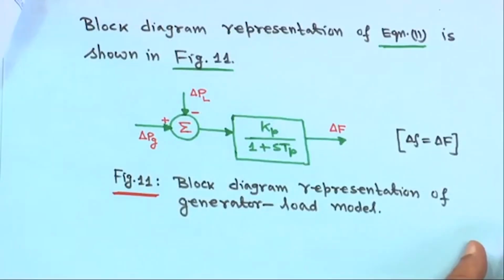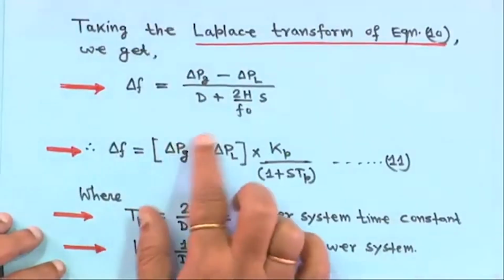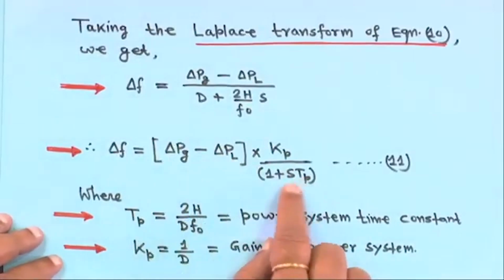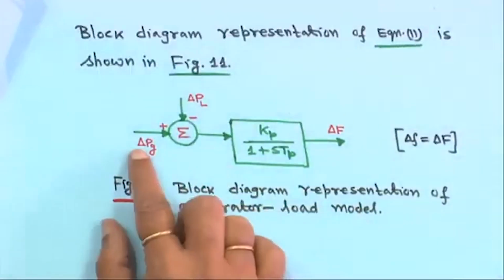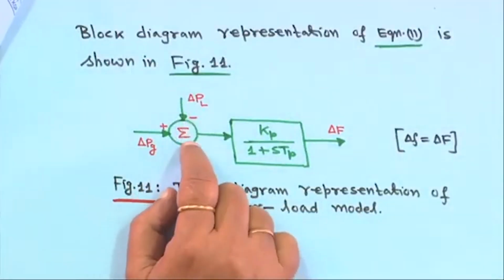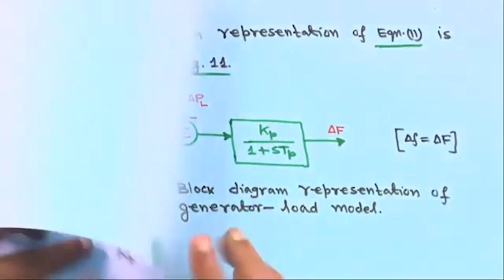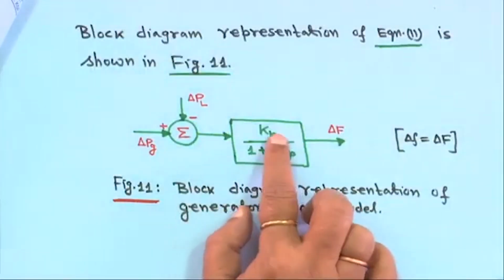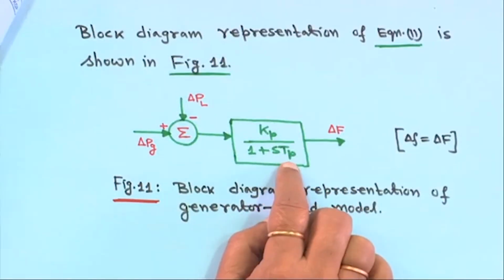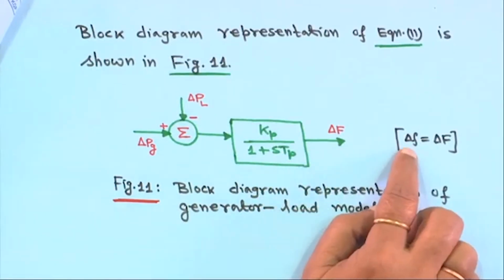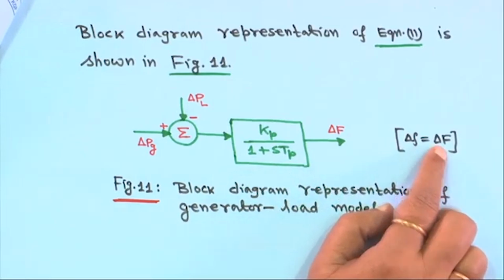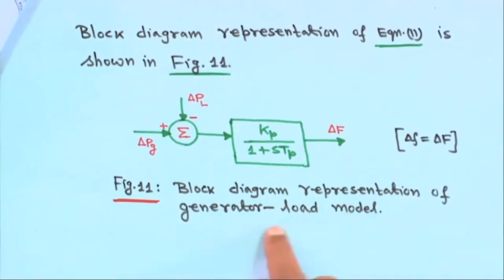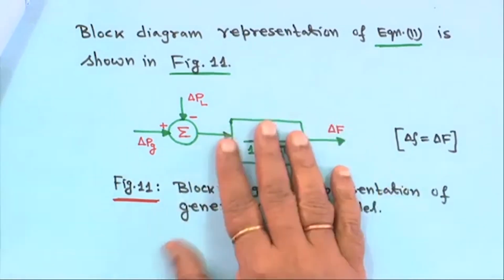If you represent this in a small block diagram, this is delta Pg and this is delta PL, with delta PL having a minus sign and delta Pg a plus sign, then in the block diagram Kp upon 1 plus sTp gives delta F. Small delta F and capital are the same. This block diagram represents our generator load model, sometimes also called the power system model.